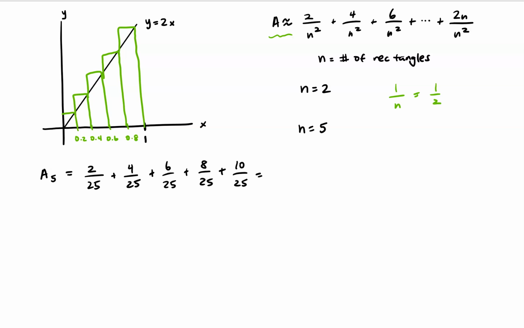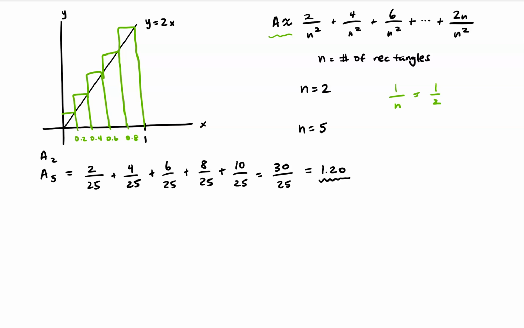And if you add all of those together, you get 30 over 25, and that is equal to 1.2. So a sub 5 is 1.2. That's our approximation if we use 5 rectangles.